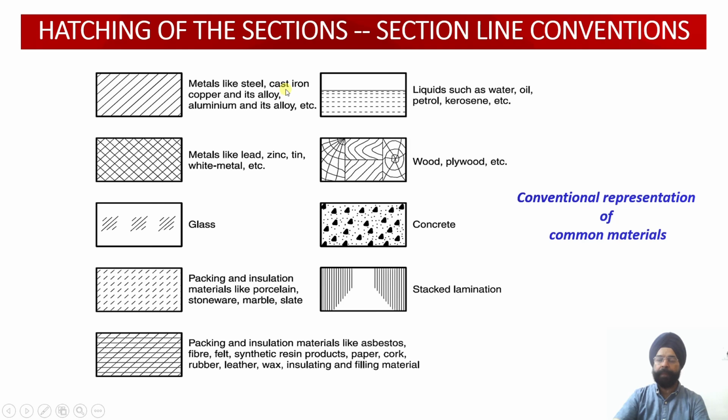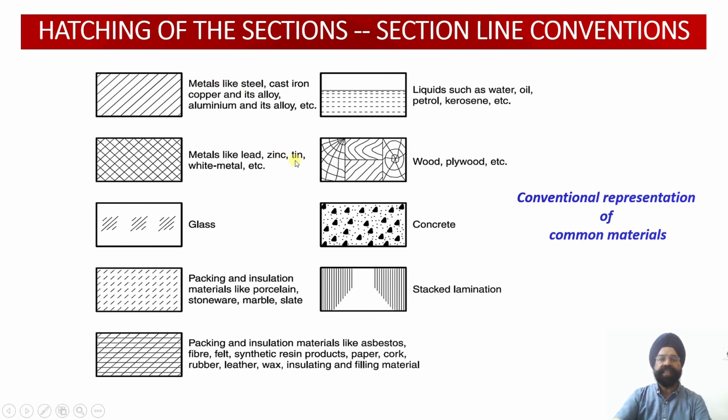But in practice, in technical drawing, if we are cutting open different types of materials and objects, then depending upon their applications, different types of hatching are recommended in different situations. In industry, if we carry out this type of hatching, it means we are talking about metals.